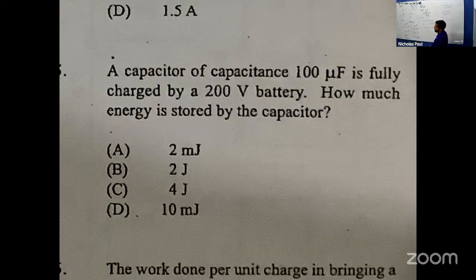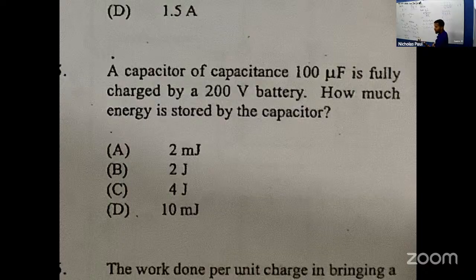They give you capacitance and voltage, yeah? Please remember you have micro there. How are you doing? Finish it. Yeah, next. You have micro. Yeah. What did you all get?